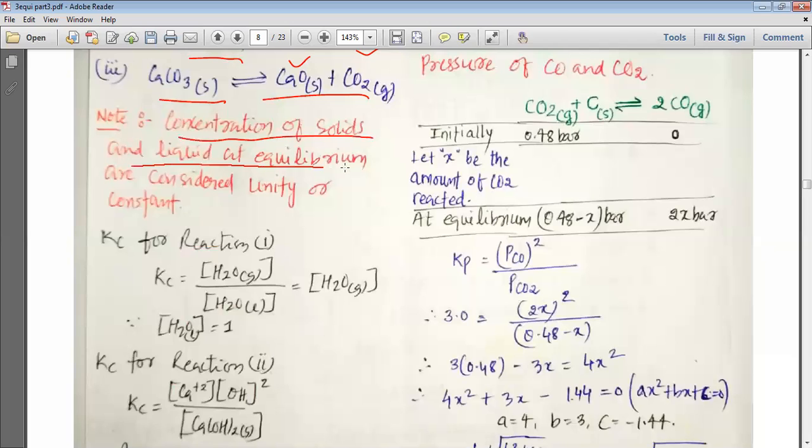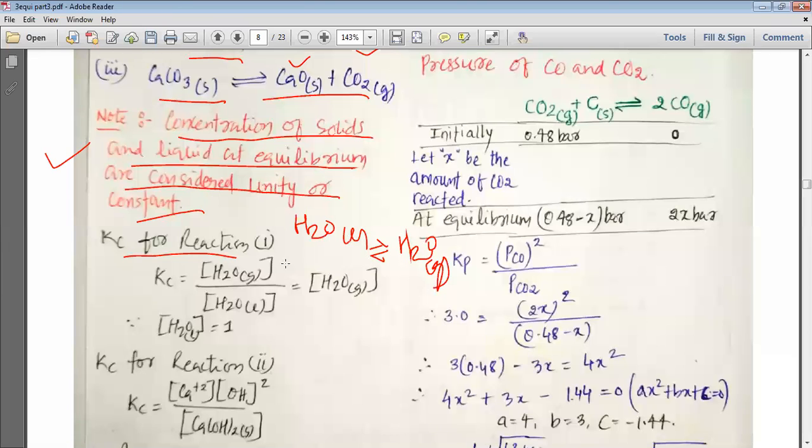Concentrations of solids and liquids at equilibrium are considered unity or constant. Please remember that the concentration of solids and liquids we consider as unity, and that is why we write Kc for this equation, for H2O liquid that has established equilibrium with H2O gas.